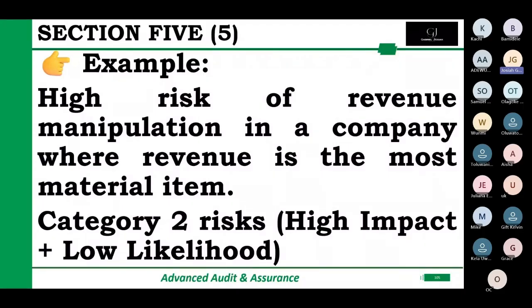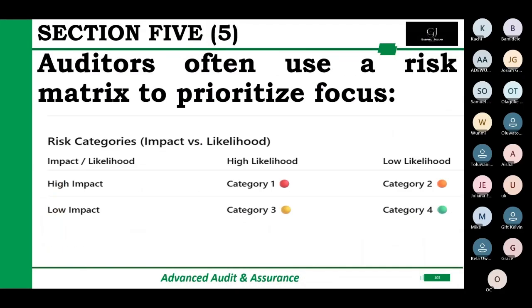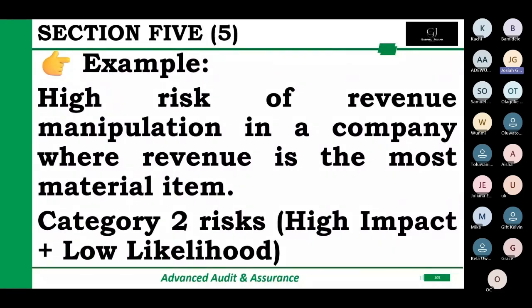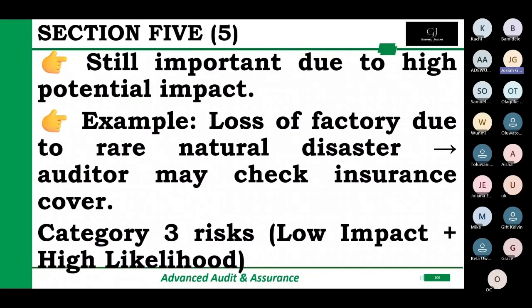Number two, category 2 speaks to the amber, and it talks about high impact and low likelihood, which is medium. It's still important, but not as much as the first one, because of the potential impact. So, for example, the loss of a factory due to a rare natural disaster.